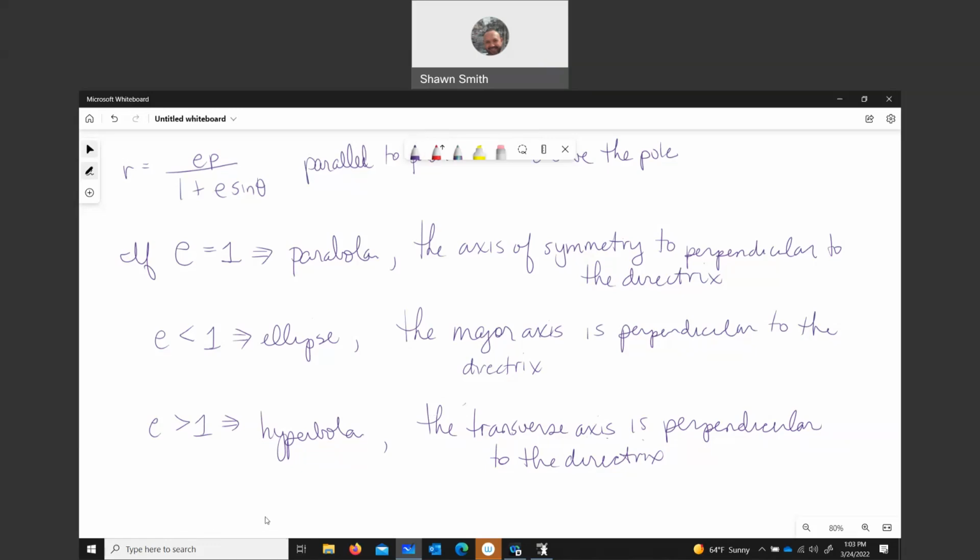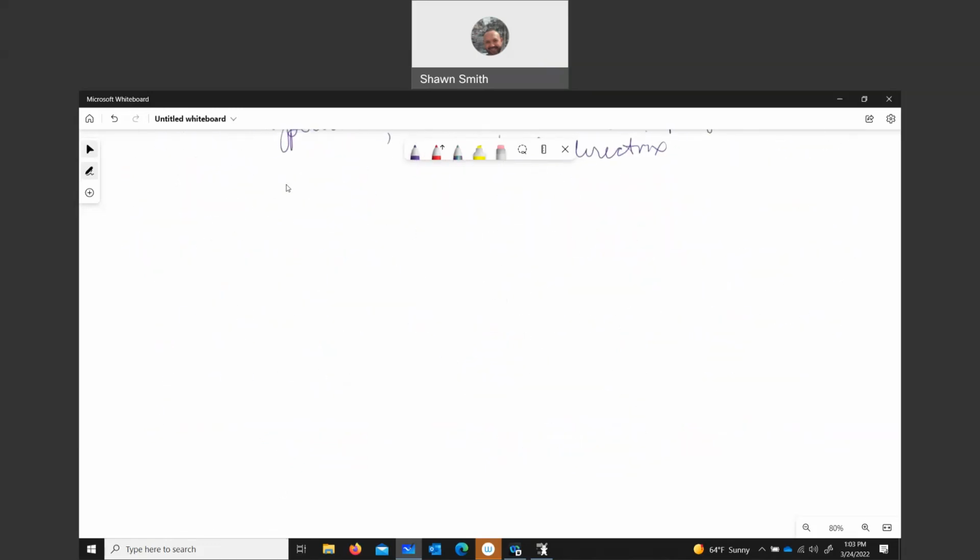All right, so describe this one to me. R is equal to 9 divided by 3 plus 3 sine theta.